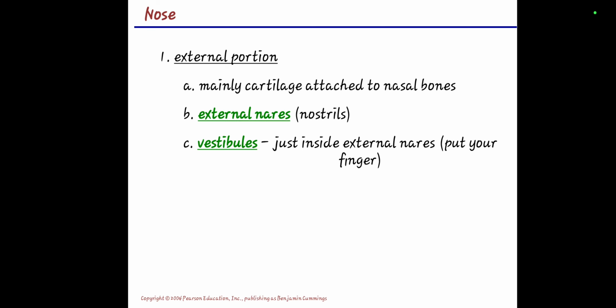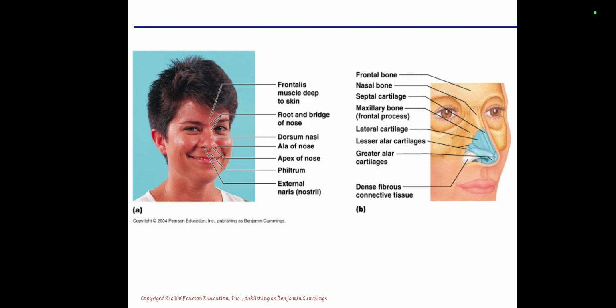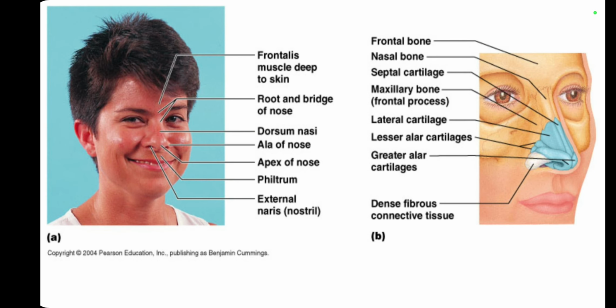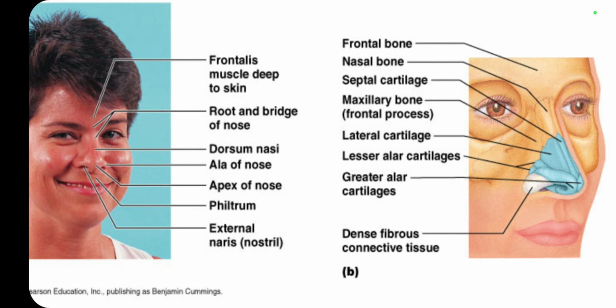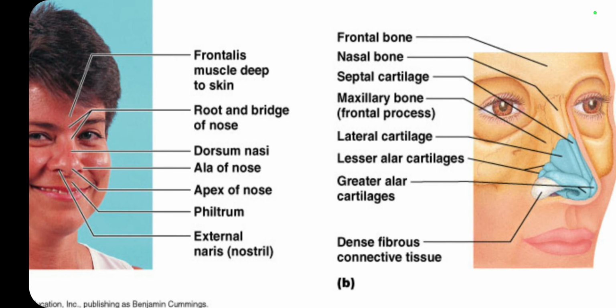Okay? For further explanation of the external portion, this is the illustration here. We have the frontal bone, which is located in your forehead. We have the nasal bone, the septal cartilage, the maxillary bone, or the frontal process of the nose.